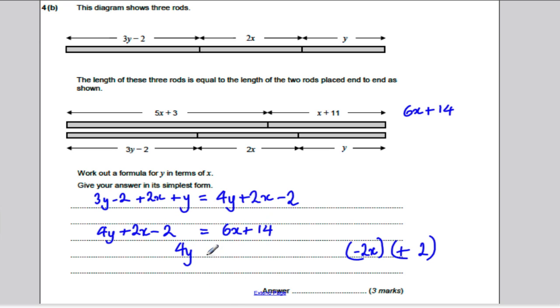And over here, if I take away 2x, I'll get 4x, and if I add 2 here, I'll get plus 16. And to make y the subject, I should have y by itself, so I divide both sides by 4, and I would get y is equal to 4x divided by 4 is x, and 16 divided by 4 is 4. Hence your answer to 4b.